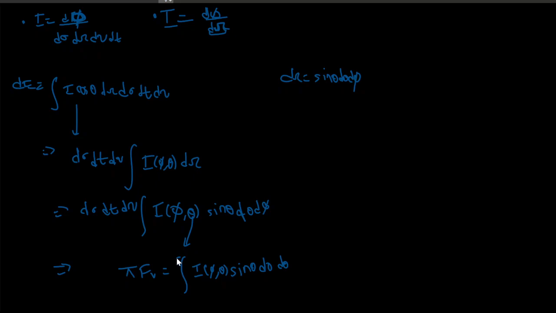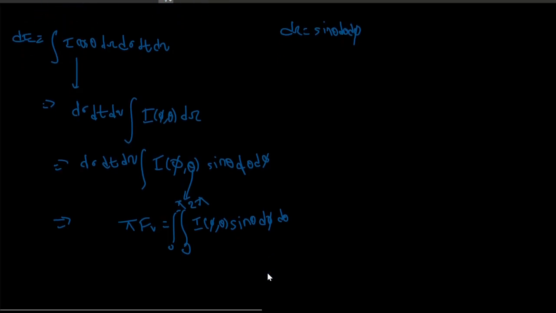But it will change from a single integral to a double integral because you have two variables, theta and phi. One integration is from 0 to pi and one integration is from 0 to 2 pi, because phi can take values from 0 to 2 pi and theta from 0 to pi. So this is your integration term.